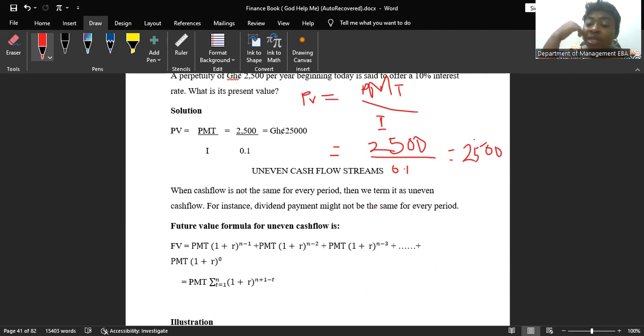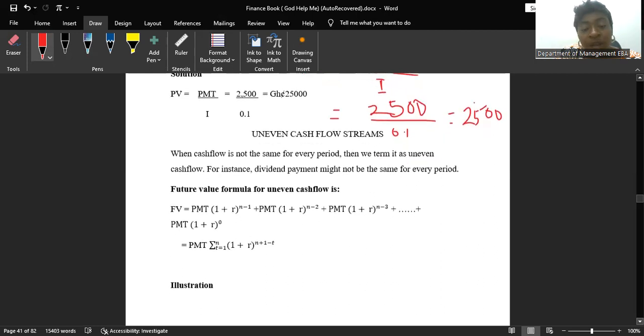So we said annuity is what? Equal amount, we have a formula. But when the cash flows coming are not equal, say someone promised to give you 500 today, next give you 400, next give you 200 Ghana cedis, then the cash flow is not equal. Hence, we cannot use the annuity formula because annuity needs an equal amount. So we have to now deal with it individually.